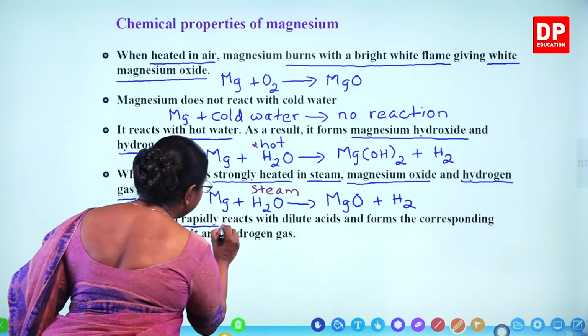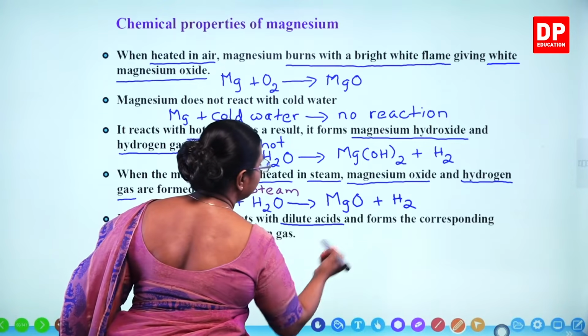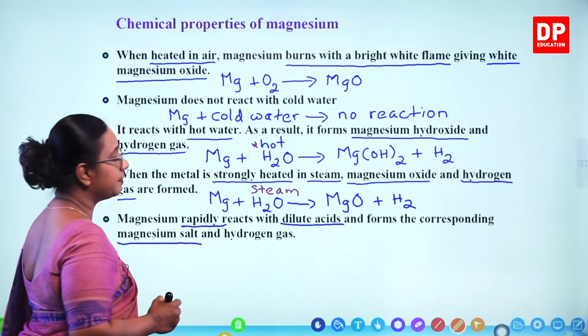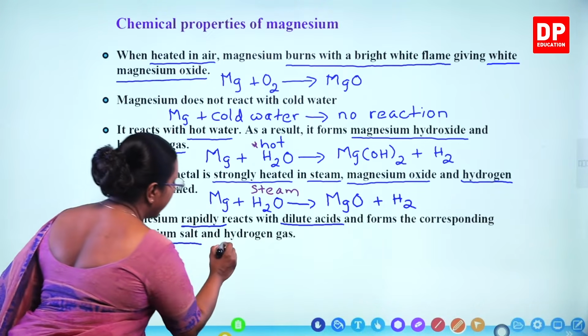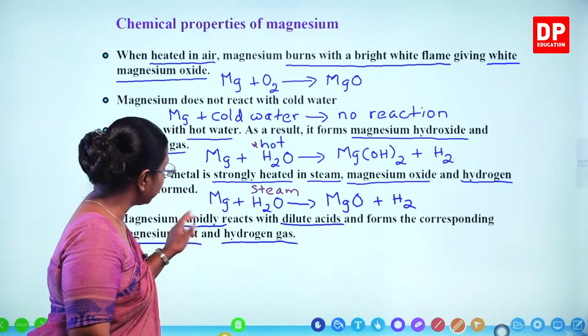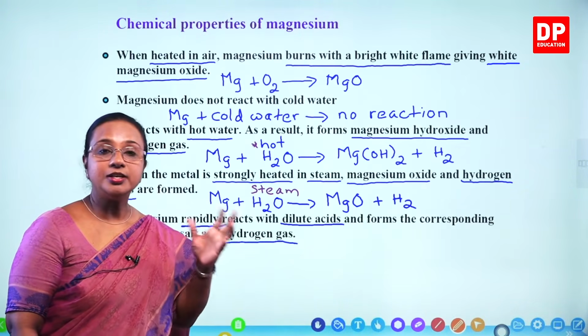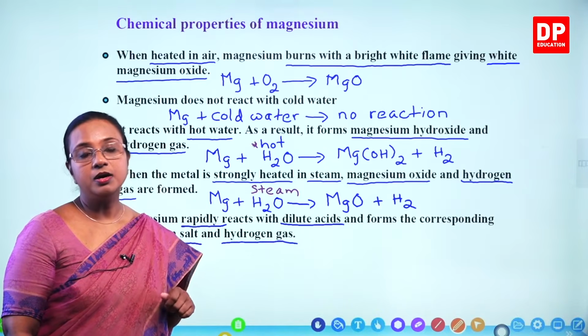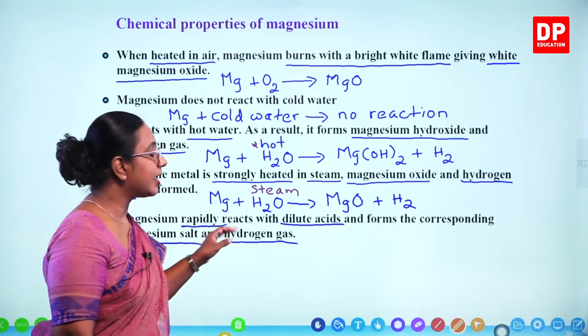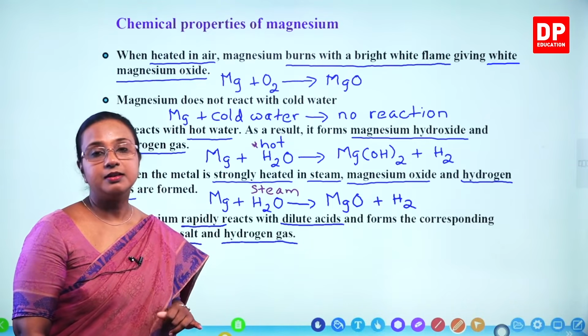Magnesium rapidly reacts with dilute acids and forms the corresponding magnesium salt and hydrogen gas. Here it reacts rapidly, not a vigorous or dangerous reaction. So we can try this reaction in the lab.